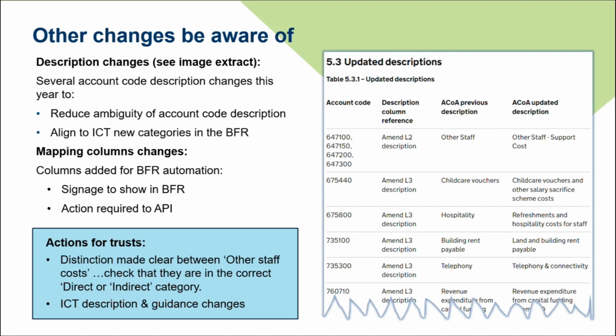So just to note some other changes, as we spoke about earlier, we have made several description changes this year. Again, we've put a little extract there from the update that's available in the guide to adopting the Academy Chart of Accounts to show you what all those changes are. Hopefully that will make the Chart of Accounts a lot more useful. We've also changed some of those descriptions for the new ICT categories, using the same codes, but changing some of the descriptions slightly to make them fit those categorizations.